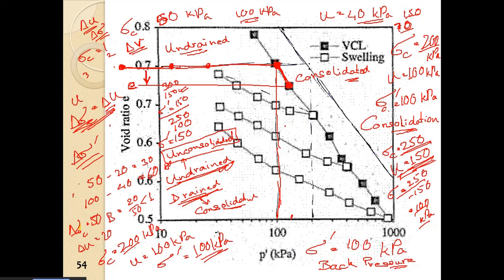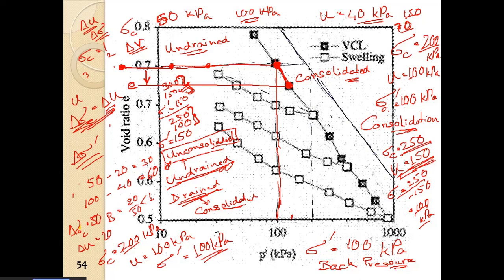So this condition is addition of surcharge in the soil sample, and this condition is lowering of the water table in the in situ condition. So both of the cases are possible.